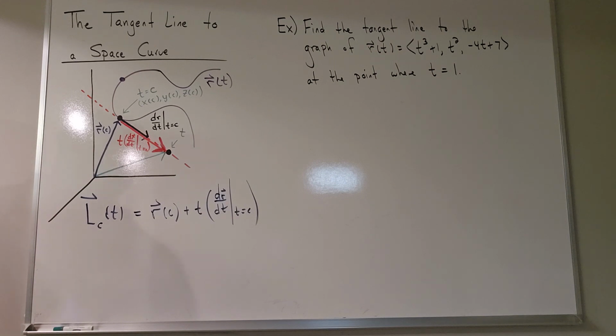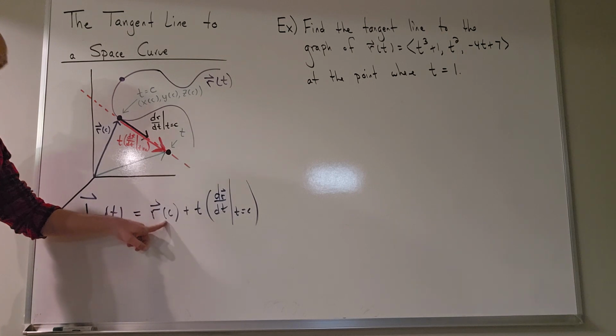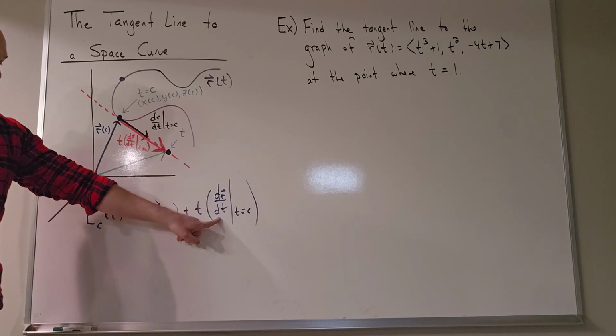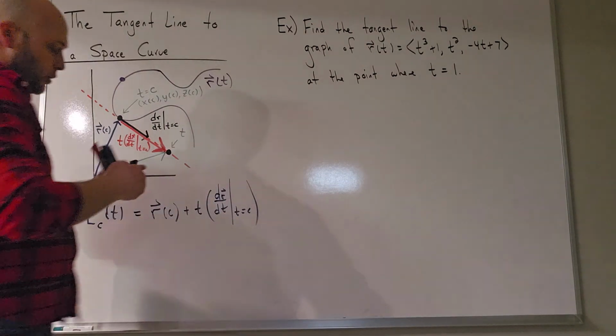So we can see from our formula over here, the two things we're going to have to do is evaluate the original space curve at that point t equal to 1, and then evaluate the derivative, and then just put them together. So solution.